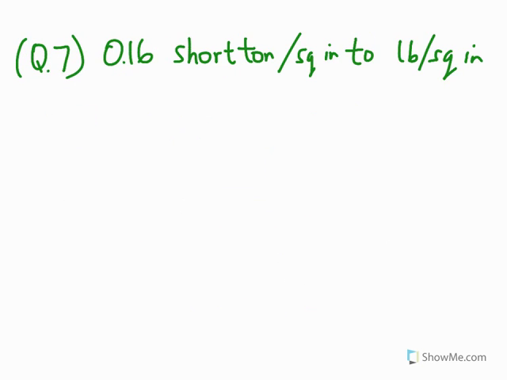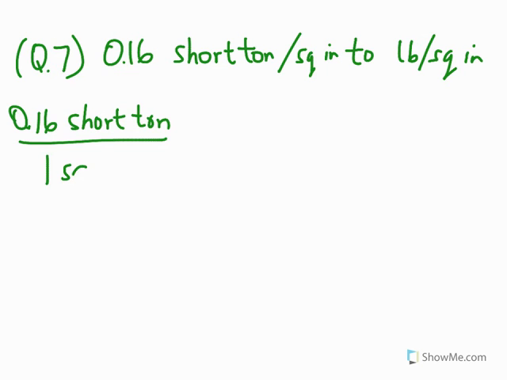Question 7. 0.16 short ton per square inch to pound per square inch. So we have 0.16 short ton all over 1 square inch. Now, look at this problem.